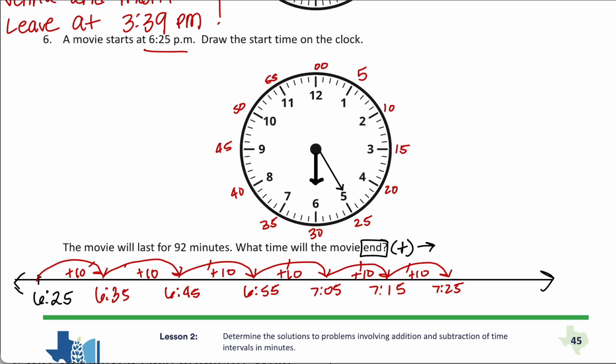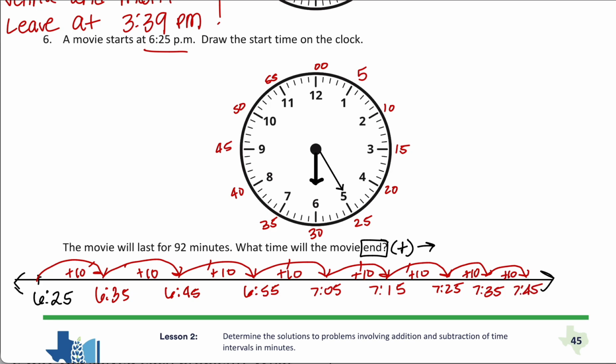Okay, so now I'm going to do 7:25 plus 10. See what that would equal. So 7:25 plus 10 makes 7:35. 7:35 plus 10 makes 7:45.